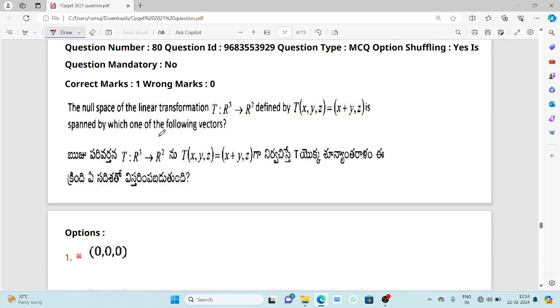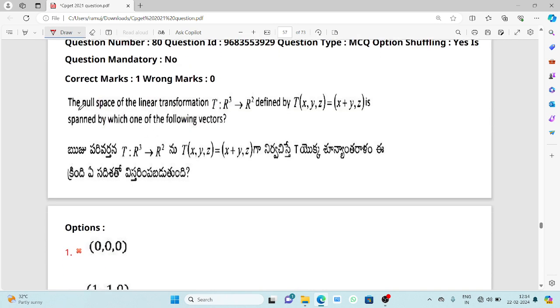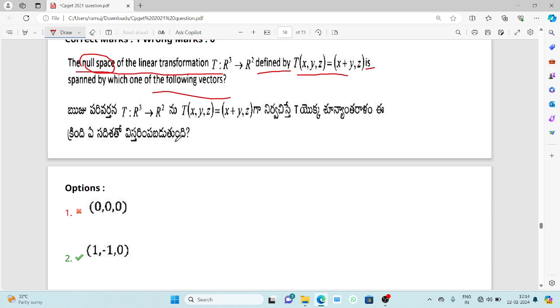So the 18th question, the null space of a linear transformation T from R cube to R square, he defined one linear transformation T of x comma y comma z is x plus y comma z, is spanned by which one of the following vectors? He is asking the null space. So for this question we can directly say by using the options.